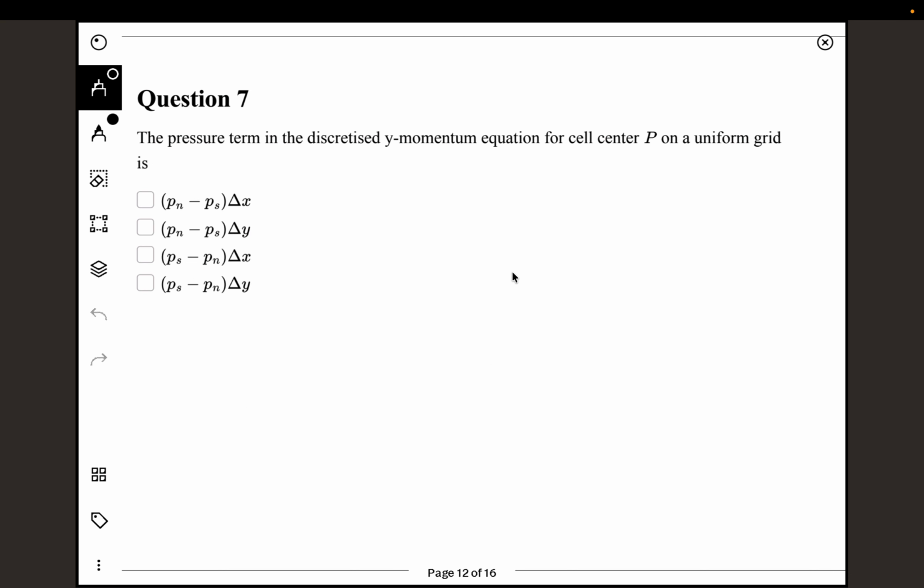Okay. The pressure term in the discretized y momentum equation for cell center P on a uniform grid is. So in the y momentum equation, the pressure term will be minus del P by del y. And if you're doing an integration, just draw the cell.